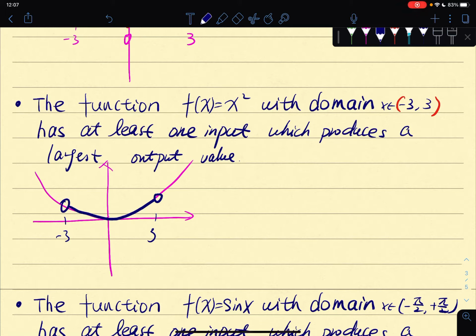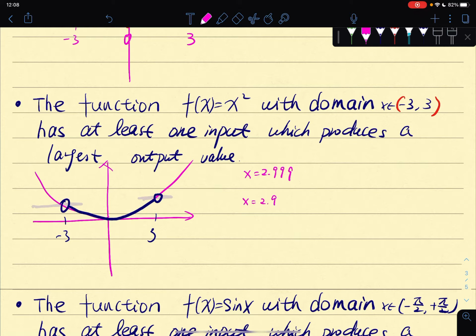It's quite obvious you will not be reaching the highest point, which is either here or here, so no, you can't find the highest function value. No matter which point you propose as the largest function value, I can always find something that's slightly larger. For example, if you claim you reach the largest possible function value at the point 2.999, I could say, no, that's not the correct answer.